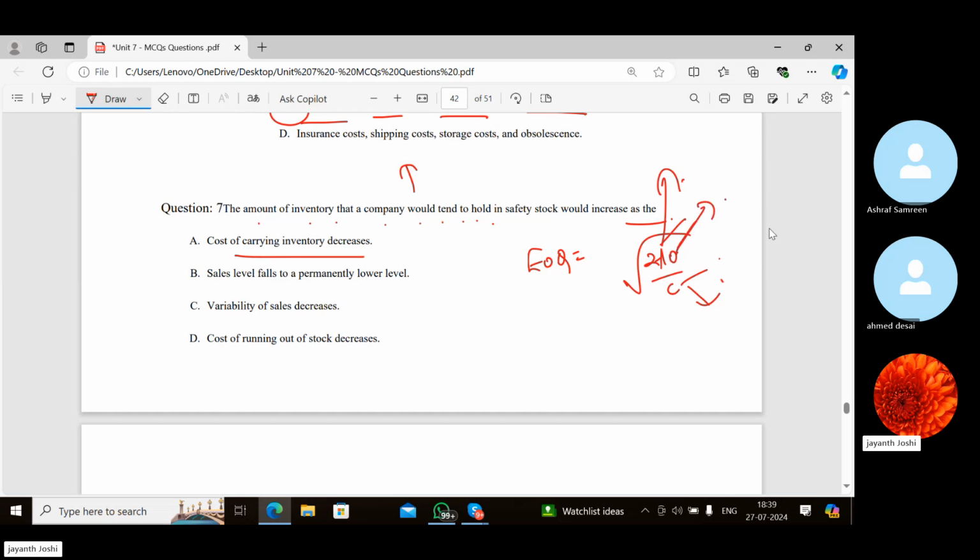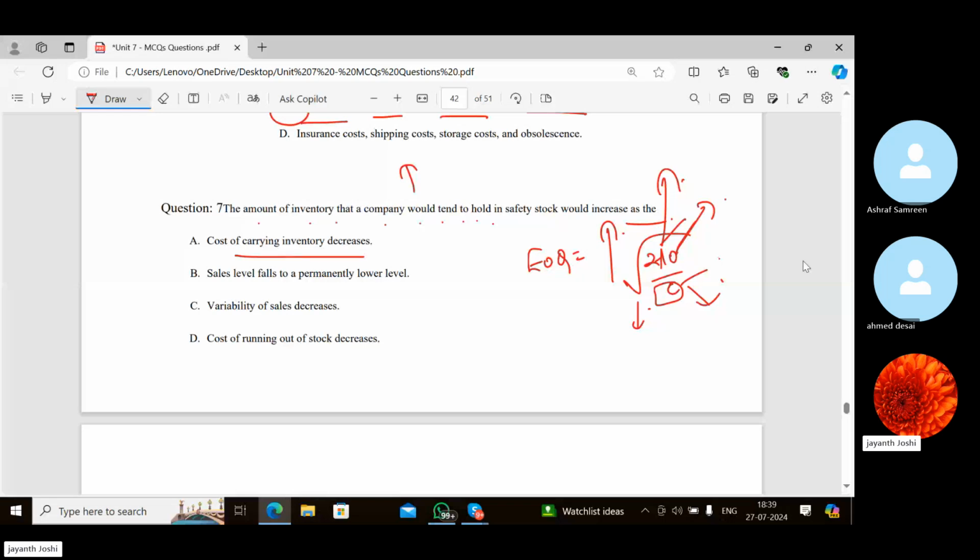Decrease in carrying cost. Let's say this is decreasing, the denominator is decreasing, so what will it increase? Inventory levels, correct or wrong? Yes, sir. If your carrying cost is decreasing, what happens?